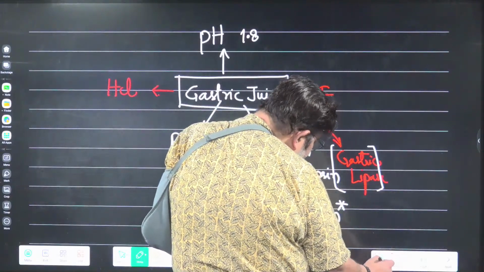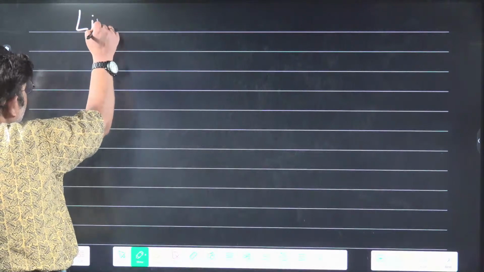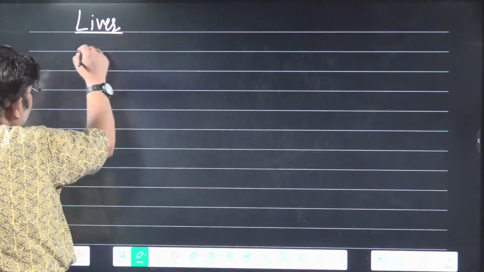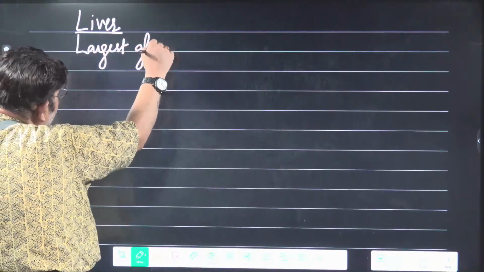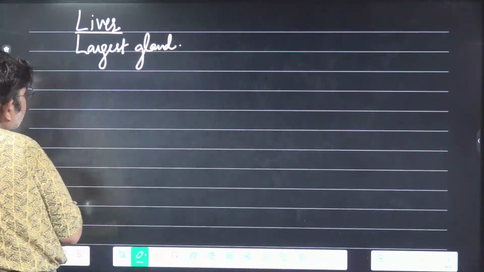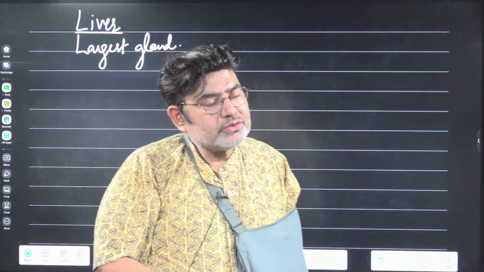After that, the third gland in our discussion is the liver. Liver is the largest gland of the body. Can you tell me the weight of the liver?